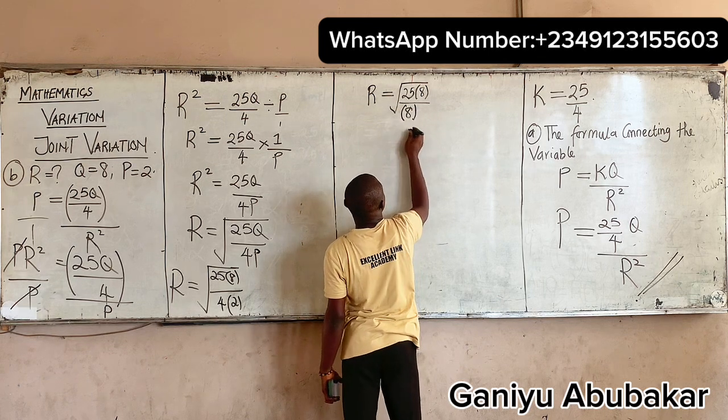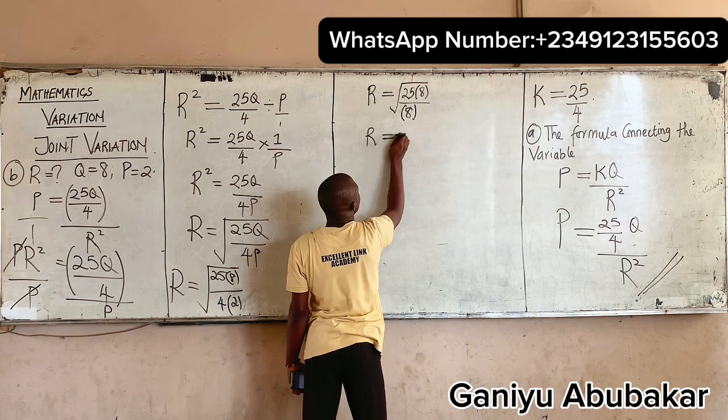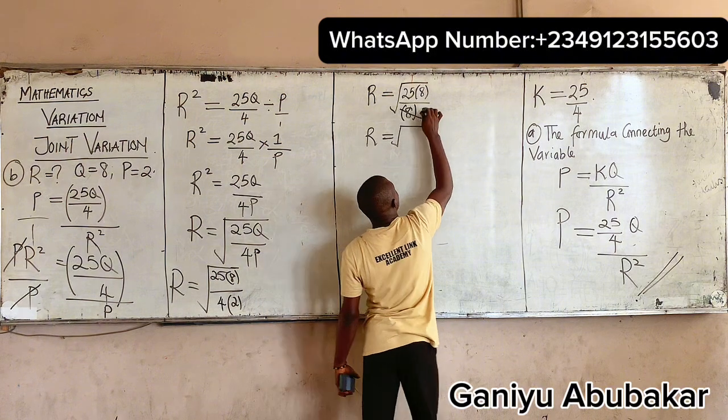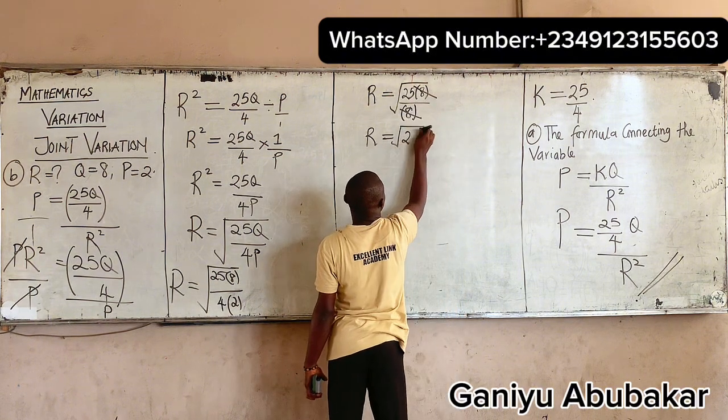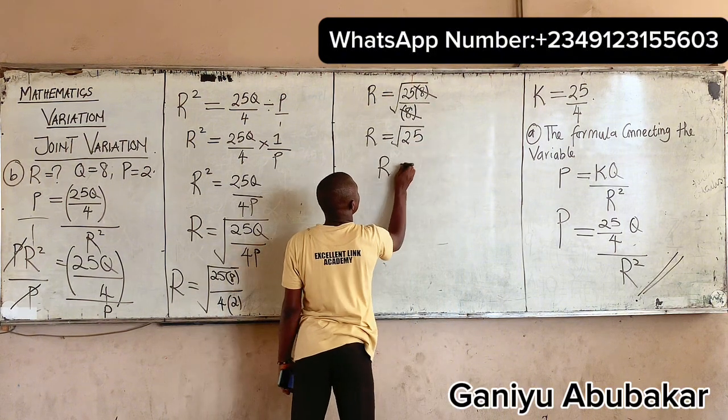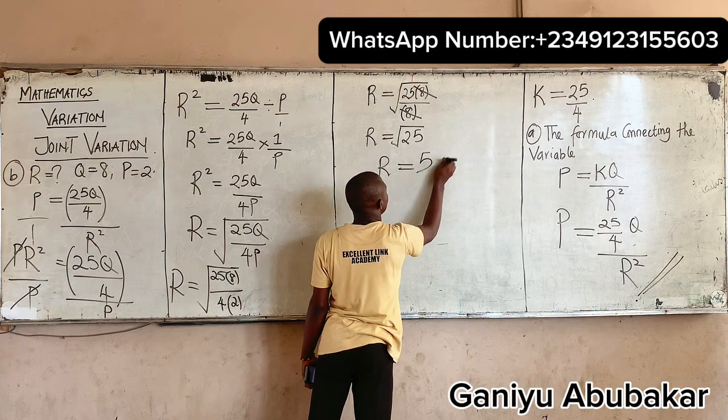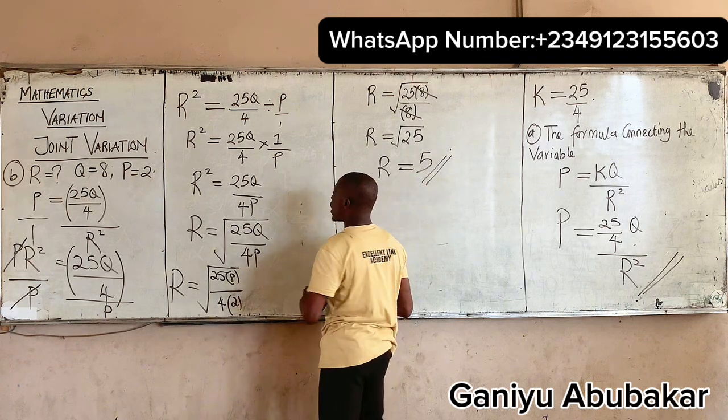So 8 can cancel 8. I'll have just 25 here. Therefore, R is equal to 5.